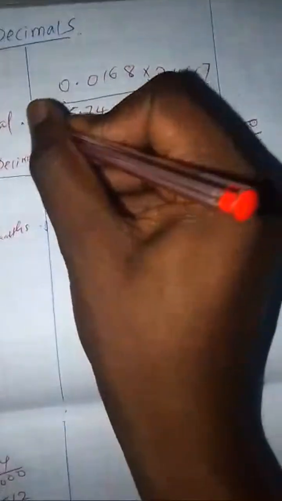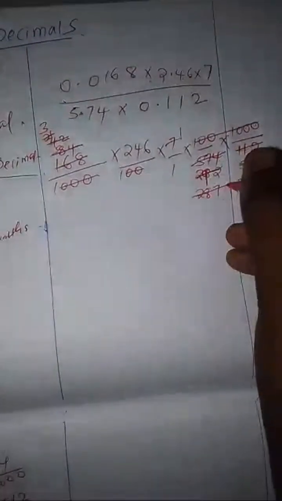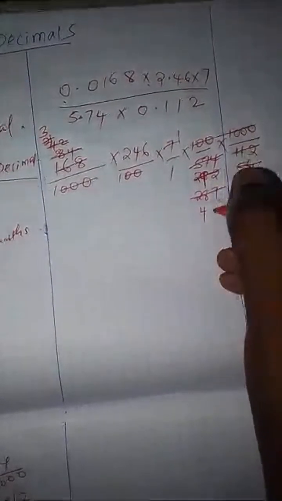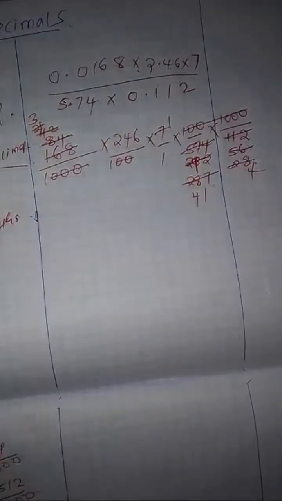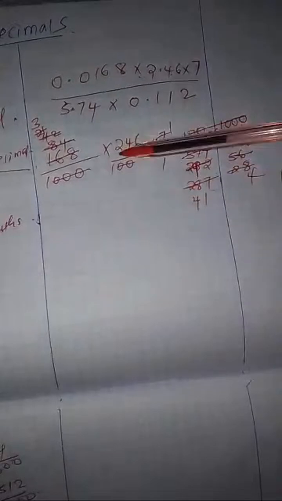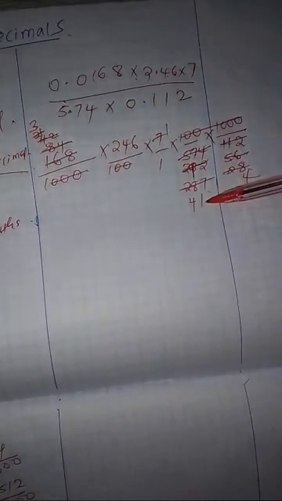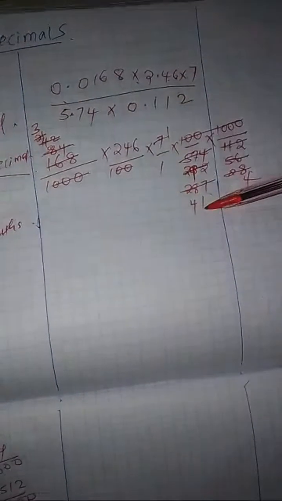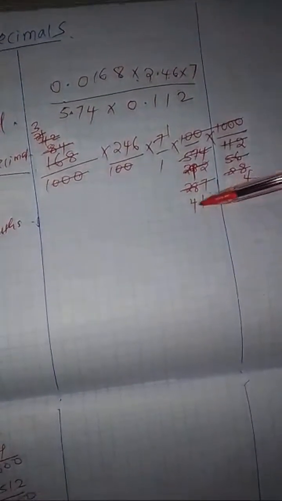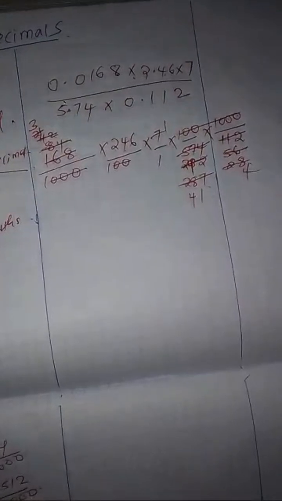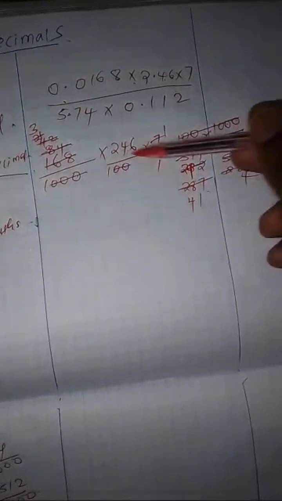So 7 here, 3 times. 7 into 287, 41. So we have 3, we have 41. This 41, we can still check to simplify it. Can 3 go into 41? 3 cannot go into 41. So which number can go into 41?